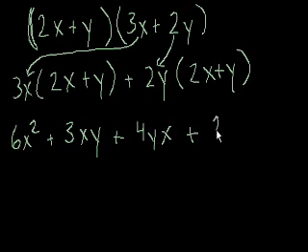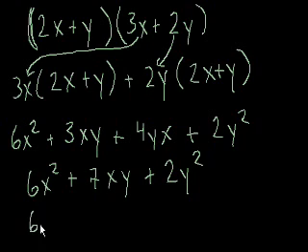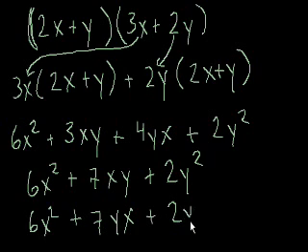Well, that's just 2y squared. Now, can we simplify anything here? Think about it a little bit. Well, it turns out that xy and yx are the same thing. They're just switching the order. So you could just rewrite this as 6x squared plus 7xy plus 2y squared. And we could have just as easily written it as 6x squared plus 7yx plus 2y squared. Hope I'm not confusing you.